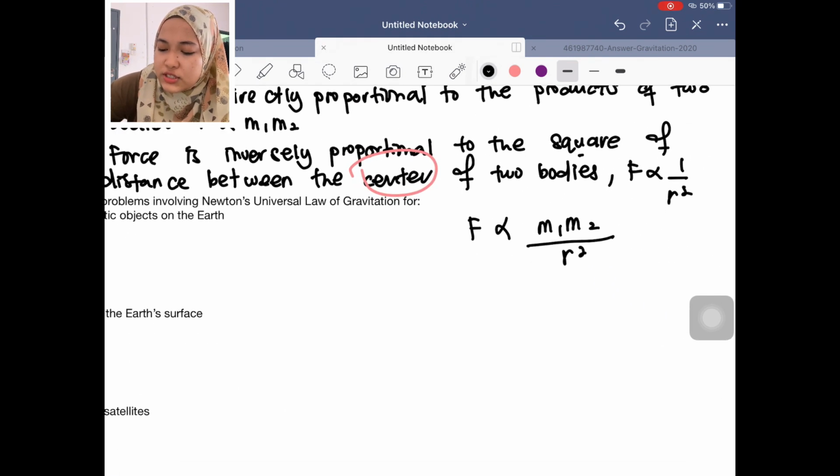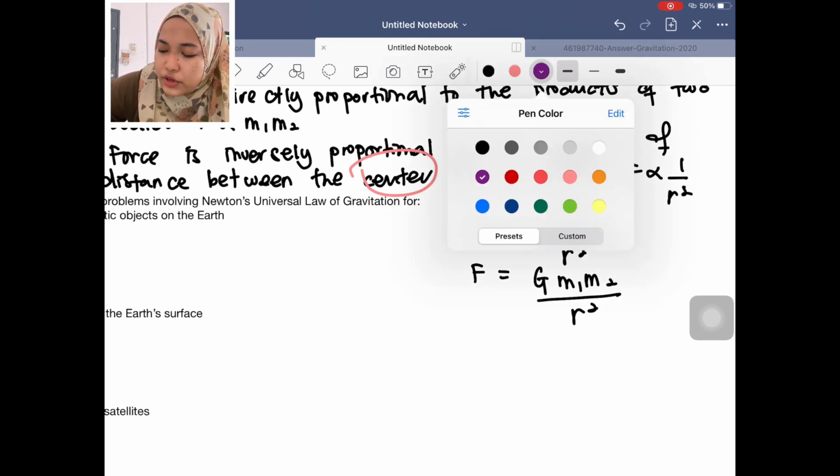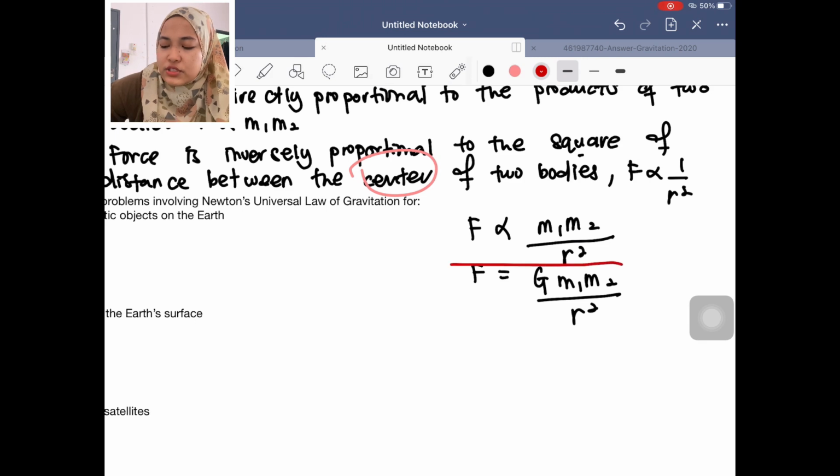To change this symbol to equal, we write F equals G, where G is a constant, M1 M2 over R squared. So here we have a formula which you already know about.